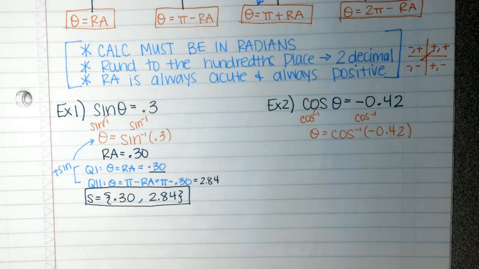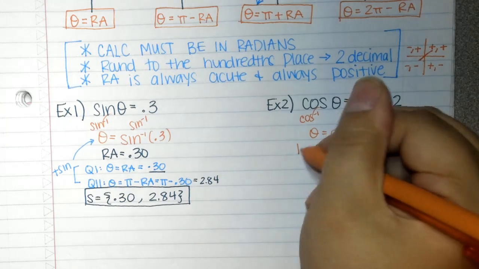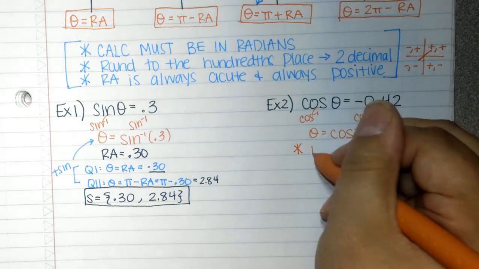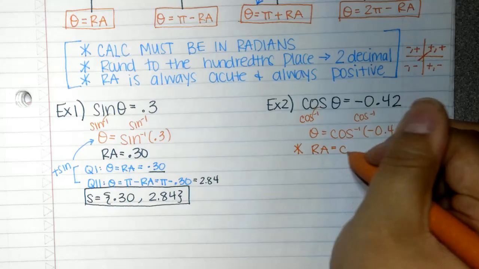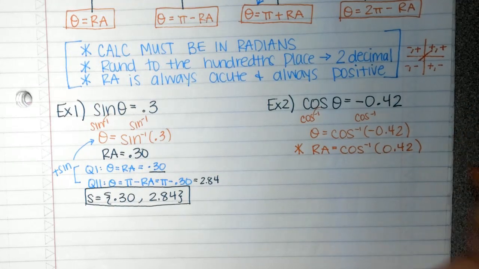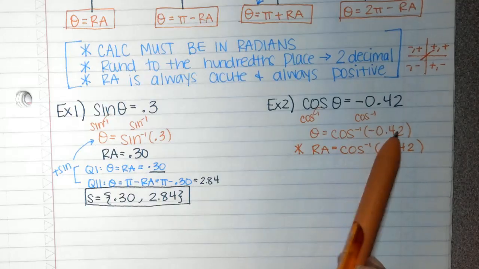Now, be careful. I'm going to write a little star next to this because I am not typing that in my calculator. What am I going to type in my calculator? I have to type in the positive 0.42 because my calculator doesn't understand this.